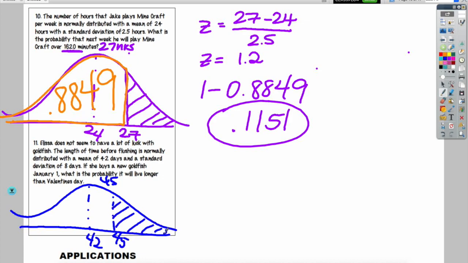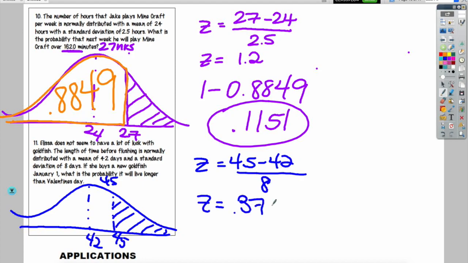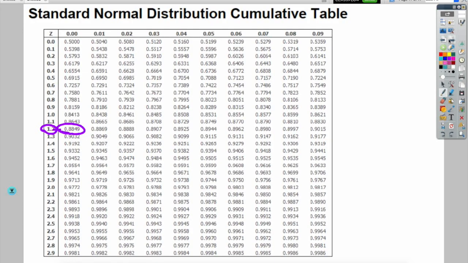Okay? So a similar process. Let's go through it. Z equals what? 45 minus 42 over 8. The Z value is 0.375. Now, when you go to look at the table, you will see that there is no 0.375 option, okay? So what do you do?